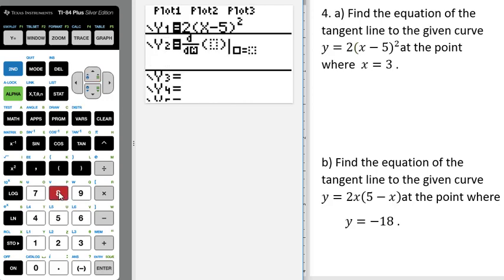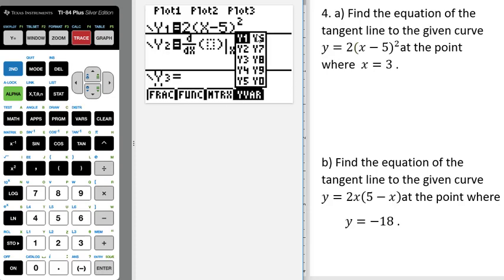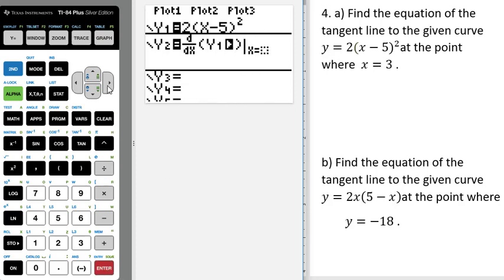So I do math 8. Put the x here. This one, put the y1 because we want to do the derivative of y1. Alpha trace, it's an easier way to get y1. Enter. Then this part is x.